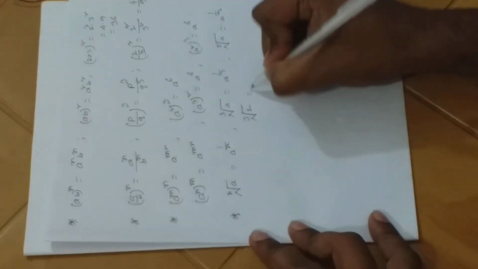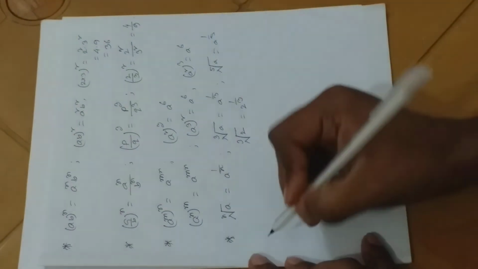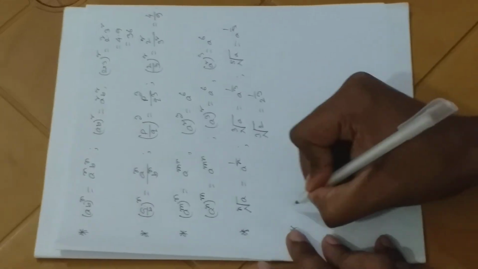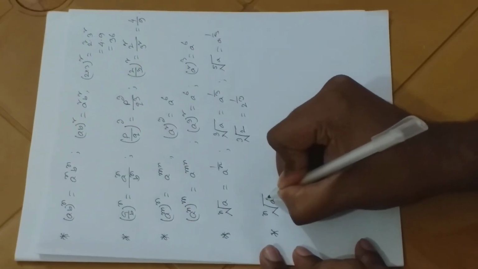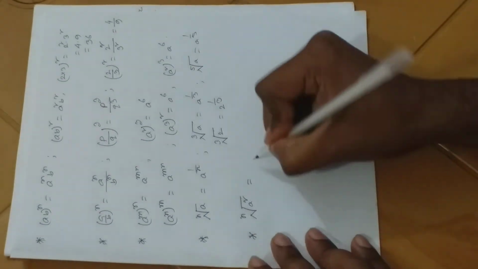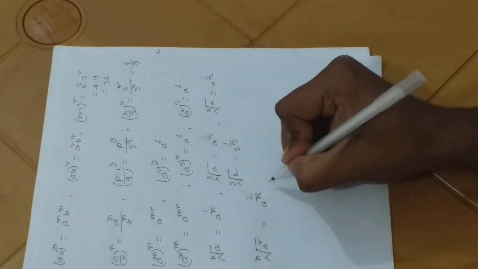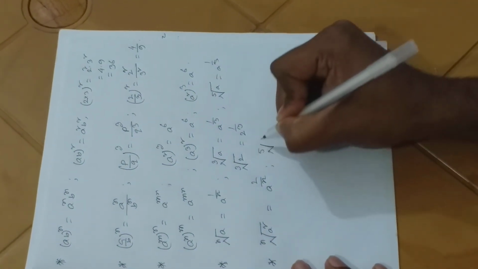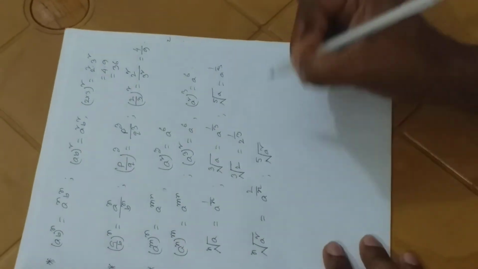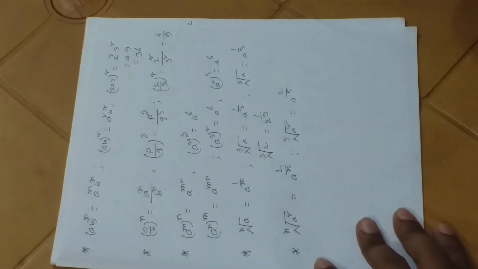Root cube 2, it will be written 2 to the power 1 by 3. When you say this term, it will be a to the power 2 by n. For example, a square root, you can write it a to the power 2 by 5.